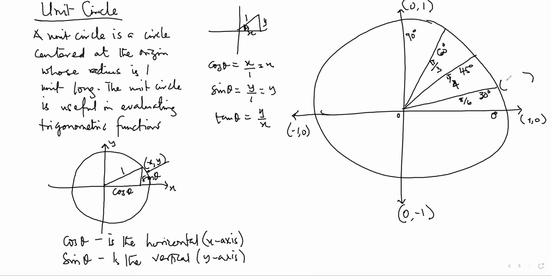Cos 30, we all know, is root 3 on 2. And sine 30 is half.